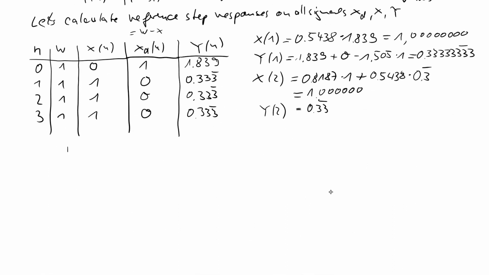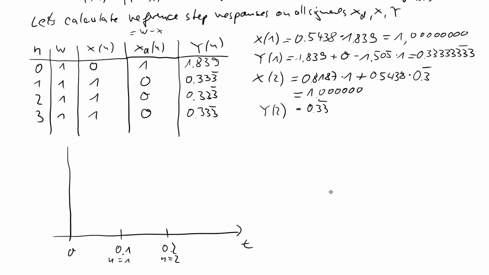If we now draw the signals in a diagram on a time axis, say, okay, this is 0.1, this is 0.2 seconds, so this is N1, this is N2, 0.